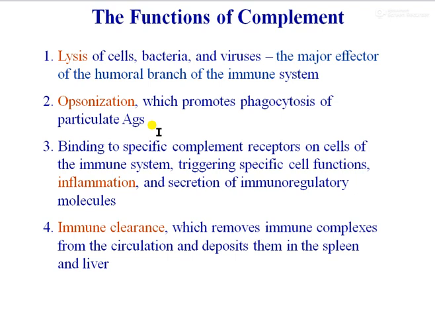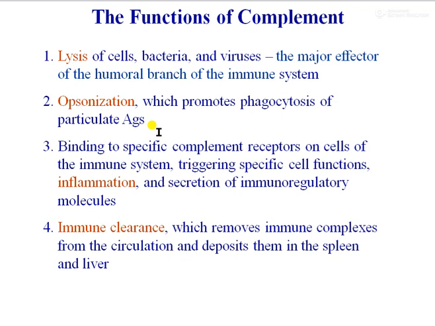The binding to specific complement receptors on the cells of the immune system triggers specific cell functions such as inflammation and the secretion of immunoregulatory molecules. On the surface of certain cells there are receptors for complements. You know, receptors are the places where something binds.